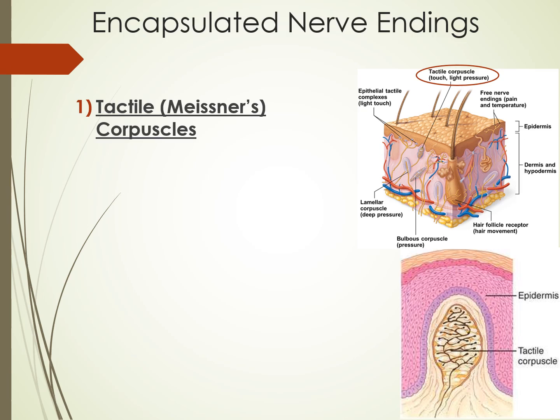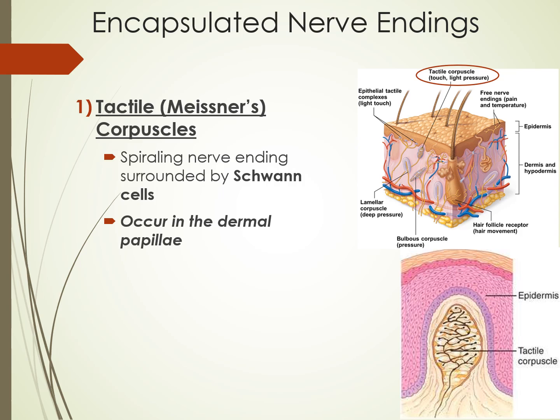So now we'll go through those encapsulated nerve endings. The first two we've already talked about, so they should be a little bit of a review. First is the tactile corpuscle, and essentially it's in those dermal papillae, which are sitting up under the epidermis, right? And how they are encapsulated is actually by a Schwann cell.